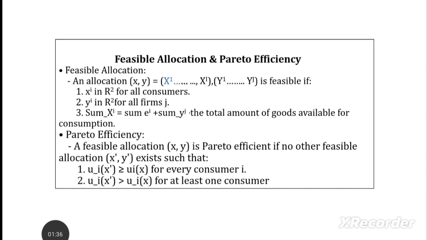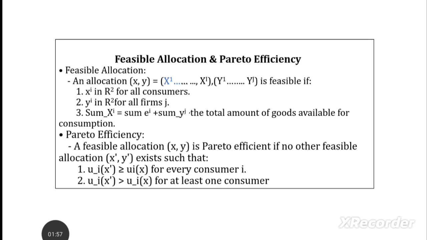A feasible allocation refers to a distribution of goods to consumers and production plans to firms, where Xi is the consumption bundle of consumer i, and Yj is the production plan of firm j.